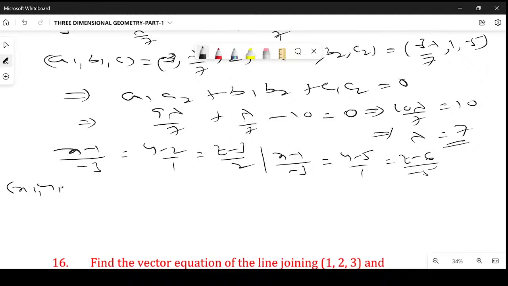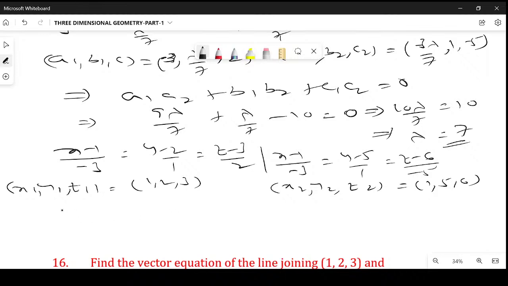If we take x1, y1, z1 will be, we know that here this is 1, 2, 3. And here I can take x2, y2, z2. If we take x2, y2, z2, it will be 1, 5, 6. And a1, b1, c1, a2, b2, c2, we know that.